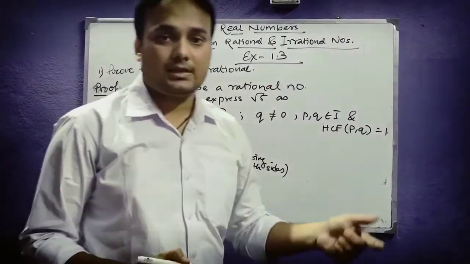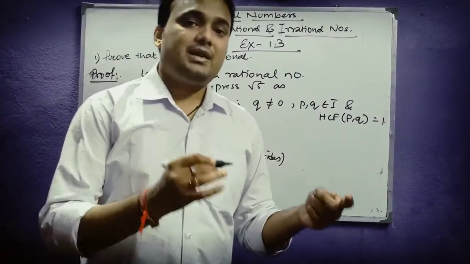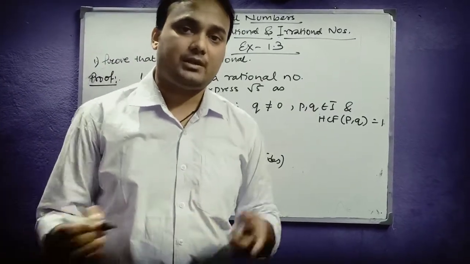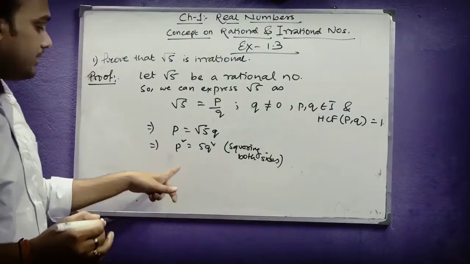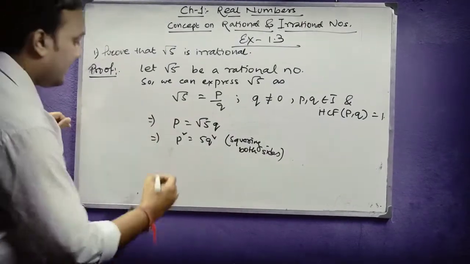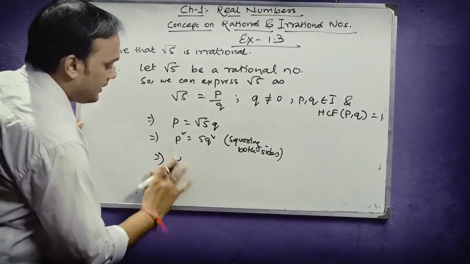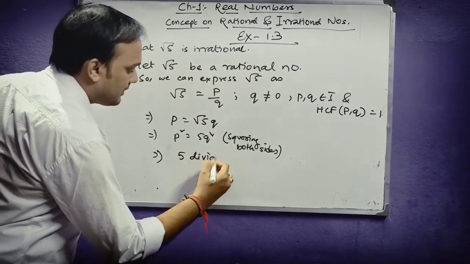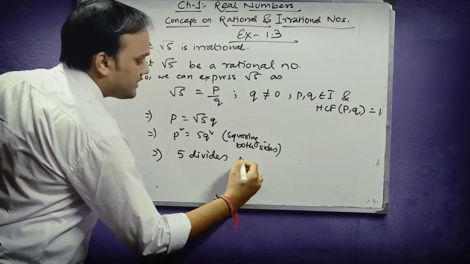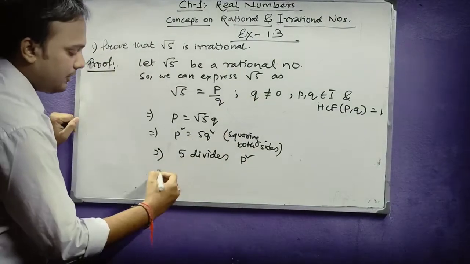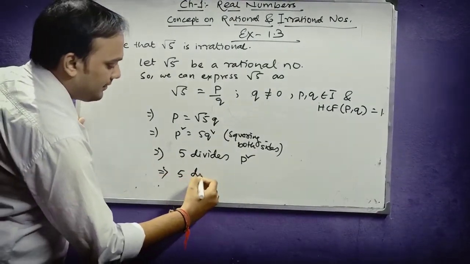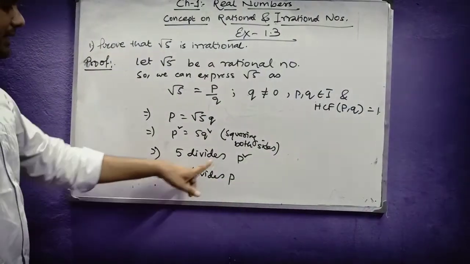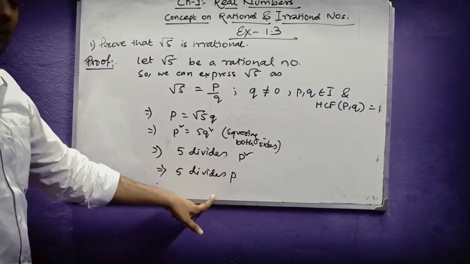One theorem I just mentioned: if P is a prime number and if P divides A square, where A is any positive integer, then P also divides A. Similarly, here P square equals 5Q square, so 5 divides P square, and hence by that theorem we can write 5 divides P. One part is done here.